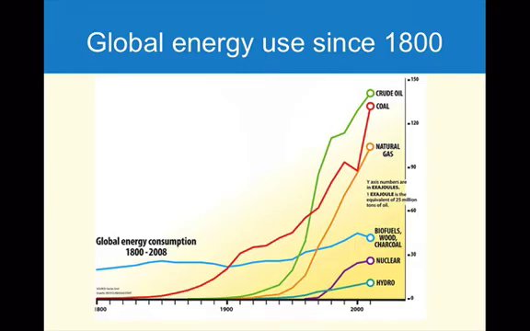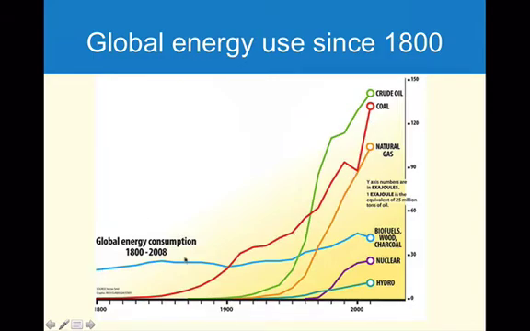And this is just a good graphic showing the exponential growth of energy consumption since 1800. And for those of you familiar with your history, the Industrial Revolution was in the mid 1800s, and that's really when, as you can see, the red line here, coal started taking off.